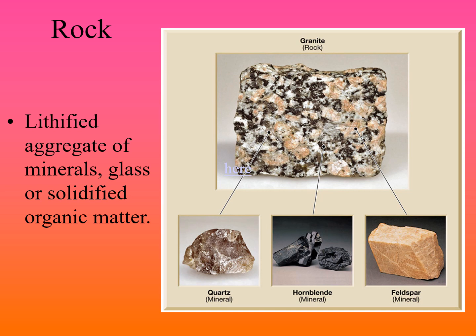But in this case, we're differentiating rocks from minerals in that rocks are a lithified or rocky aggregate, which means a mixture of minerals, glass, and solidified organic matter. Over here on the right, we have a granite, and this is a rock. It's an intrusive igneous rock, and it's made up primarily of these three minerals that you see down here at the bottom.